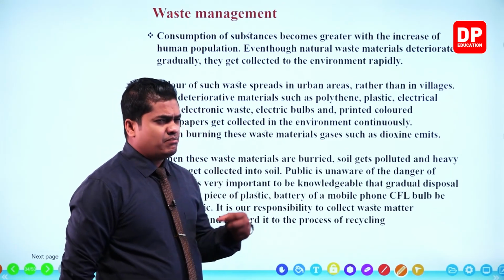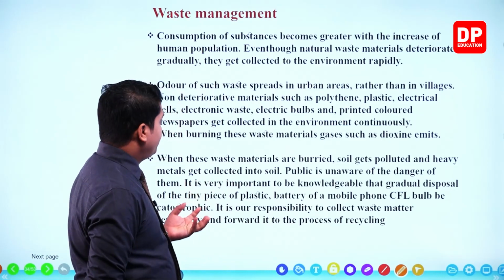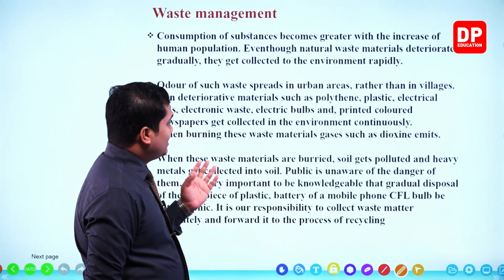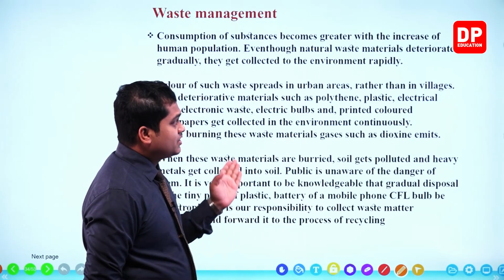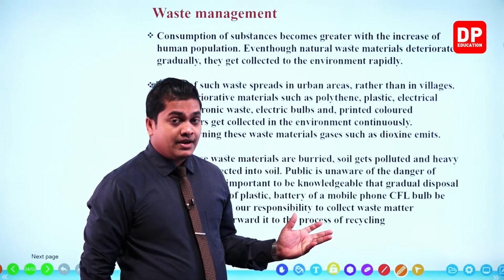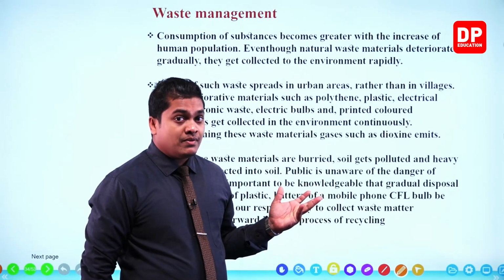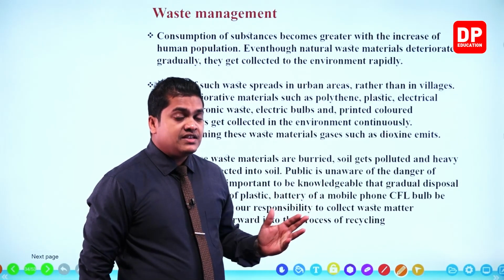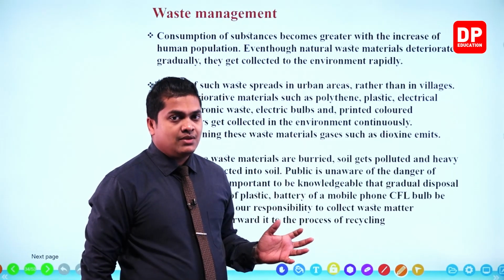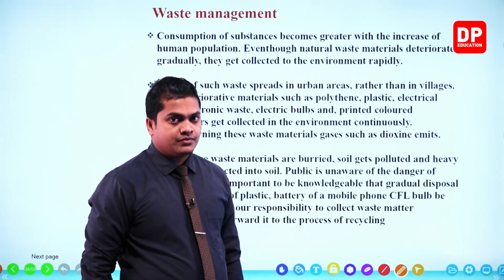Polythene, plastic, electrical equipment, electronic waste, electric cells, electrical bulbs, and printed and colored materials like newspapers. All of these things are getting collected within the urban cities, especially because of high population.